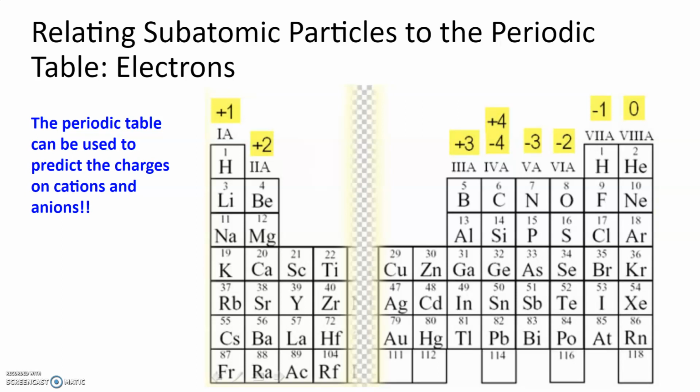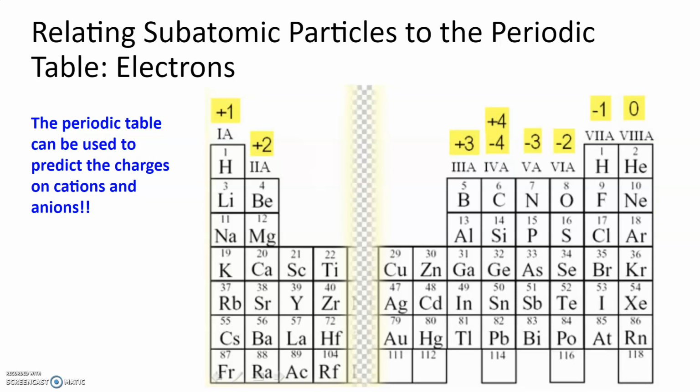You'll notice that the last column, helium, neon, argon, they don't gain or lose any electrons. They always stay neutral. They're the noble gases, and they are already perfect in the world of atomic structure, and so they don't need to gain or lose any electrons.